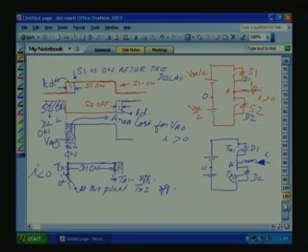So, here also D1 is on. Now, when T2 is on at this point, TR2 on. At this point, when TR2 is on, the current will be transferred from D1 to the TR2. So, from here onwards, TR2 is conducting.